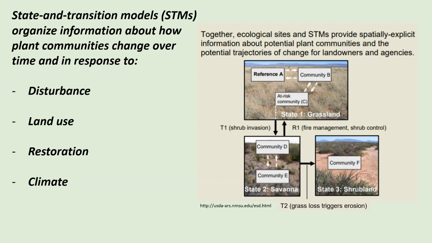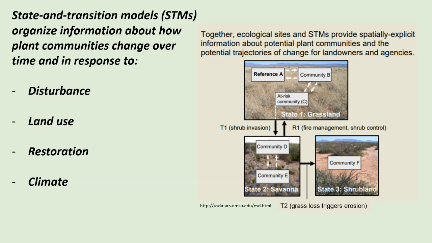We also see T2, grass loss and subsequent erosion, can transition the savanna state to the shrubland state, and there's not a transition leading away from the shrubland state, which indicates that the shrubland state is highly resilient to change, and there's not a known mechanism that can be implemented by land management to easily transition out of this state.